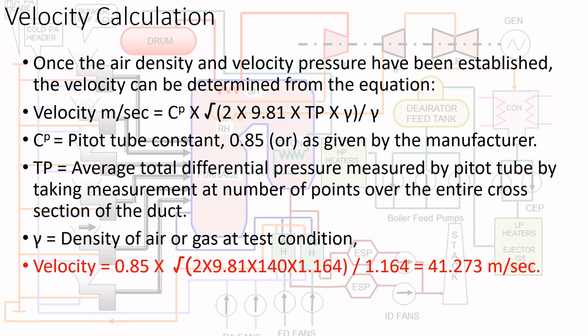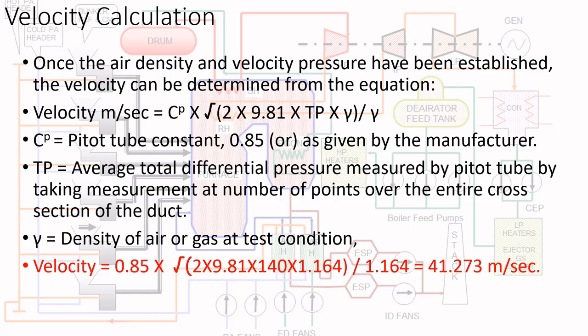So once the air density and velocity pressure have been established, the velocity can be determined from the equation. Velocity in meters per second will be equal to Cp into root of 2 into 9.81 into Tp into gamma divided by gamma. Cp is the pitot tube constant, which has been given as 0.85, or it may be given by the manufacturer.